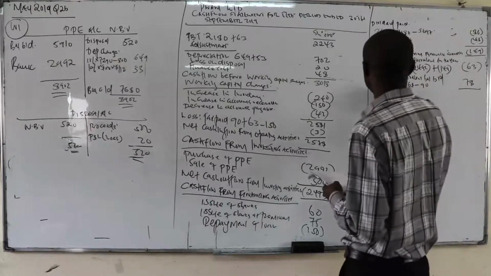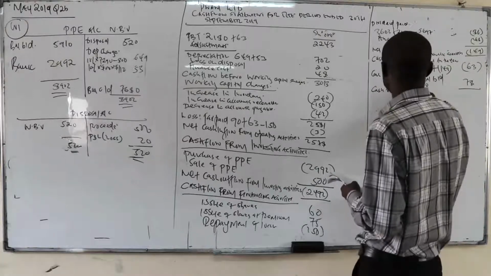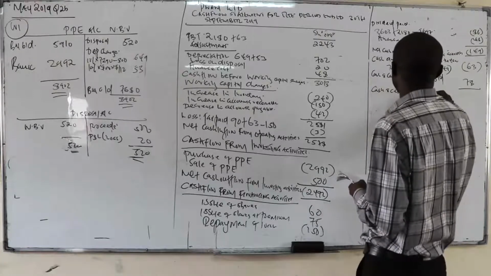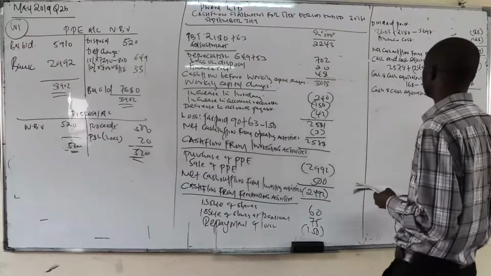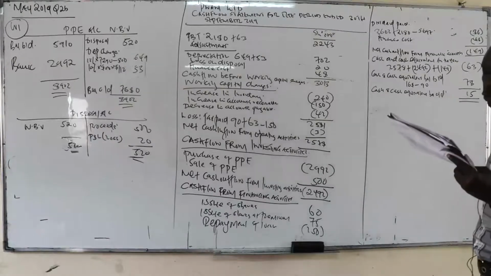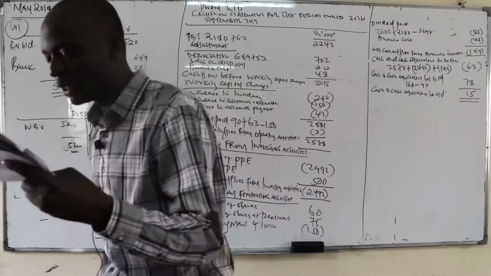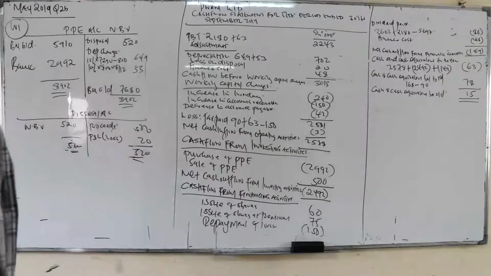Cash and cash equivalent balance carried down. 15, positive. So you confirm the current cash balance is 75 minus the bank overdraft, which is 60. You still get 15. So that is how we do the cash flow.